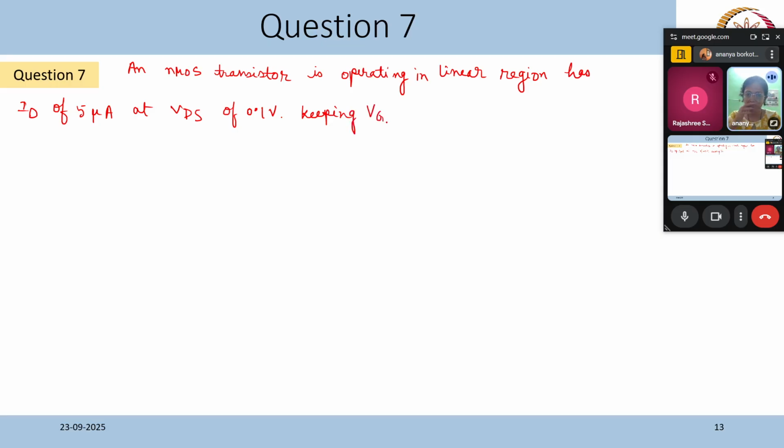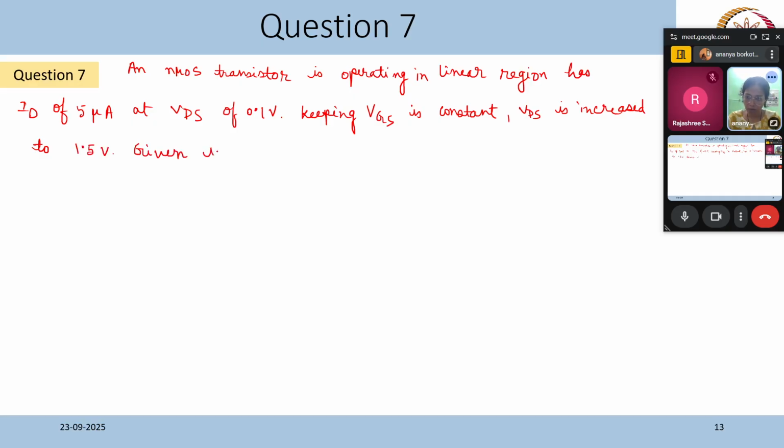Keeping VGS constant, VDS is increased to 1.5 volt.